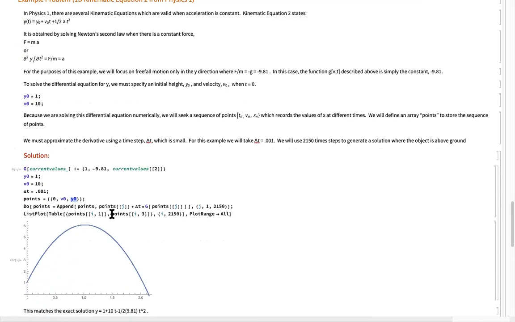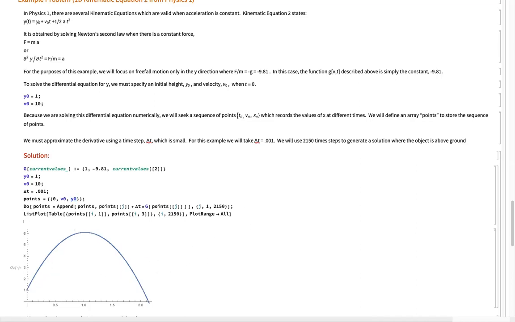And so the table that I created did not have velocities. So it's just going to be a graph of time and positions. If you wanted velocities, you could do that. Or we can modify it. We can do a list plot of a table, and then because velocity for each data point is the second entry, you could put that there.